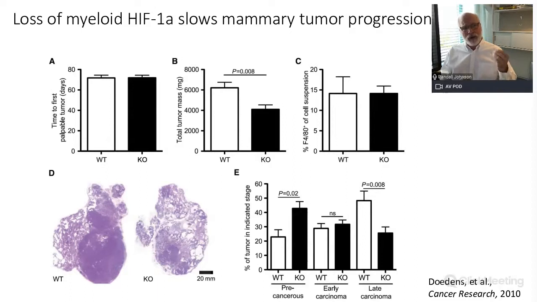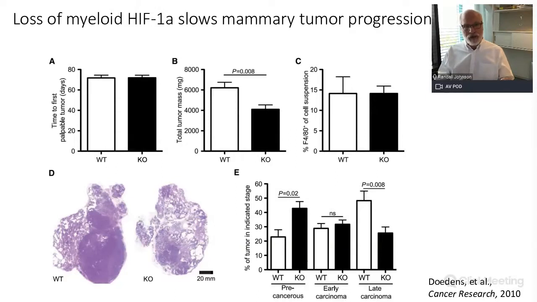What this showed in another knockout of macrophage HIF was that it actually caused a slowing of tumor growth. In mice with a mammary tumor model, when the myeloid cells lacked HIF-1 alpha, the tumors grew more slowly, and they also showed a decrease in tumorigenic progression.